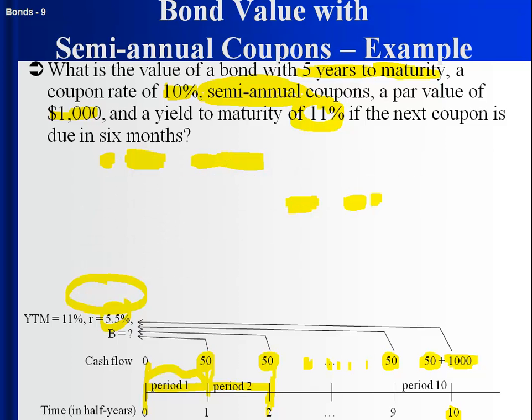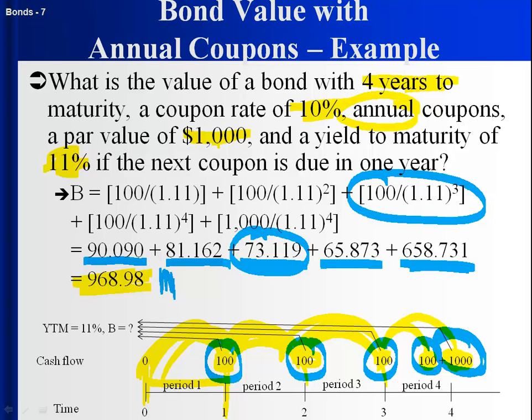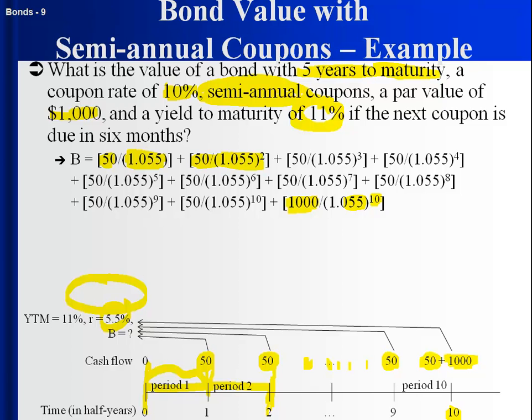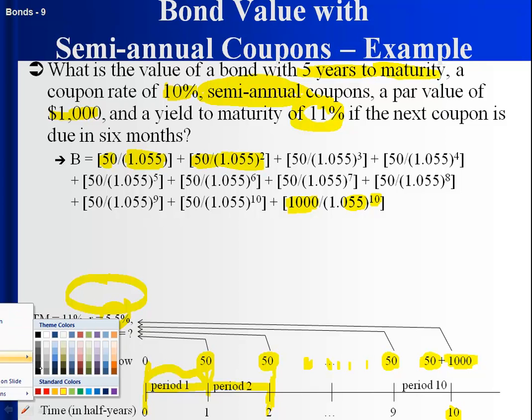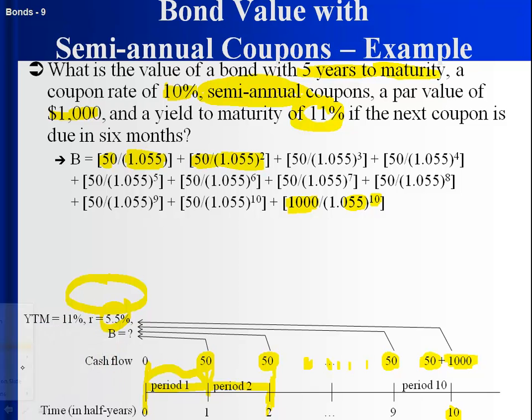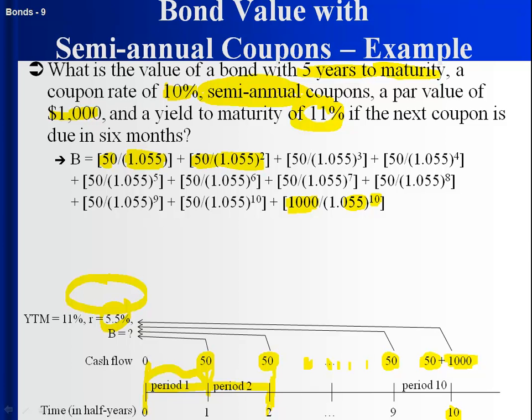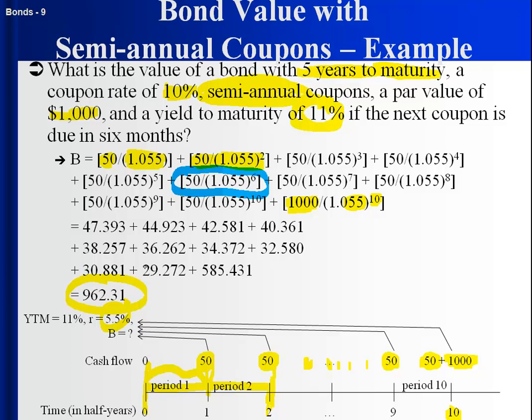And we'll do it in the calculator in a second, but remember, we looked at the value of this coupon in 3 years. It was $73.12. Notice in the semiannual world, the discount rate is 11% per year, but because we have semiannual compounding, that bond, the one in 3 years, oh, actually, it's not apples to apples because it's 50 divided by 1.055 to the 6th, and so that coupon is worth $36.26.